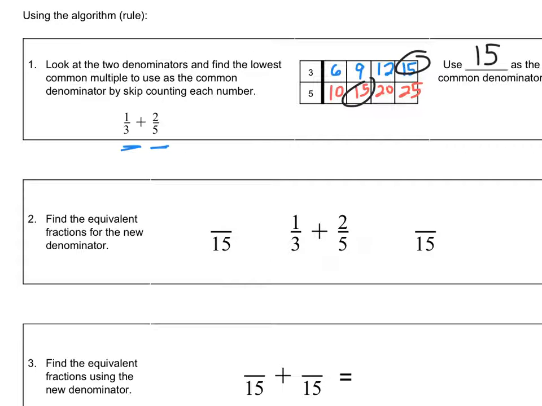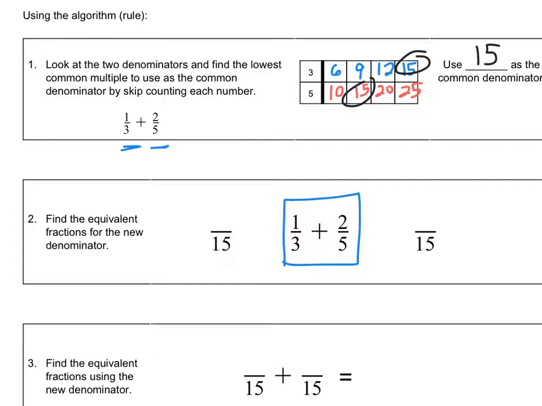So then my second step is to find the equivalent fraction using my 15. So what I've done is I've taken my original problem, 1/3 plus 2/5, and I've written my new denominator to the sides.